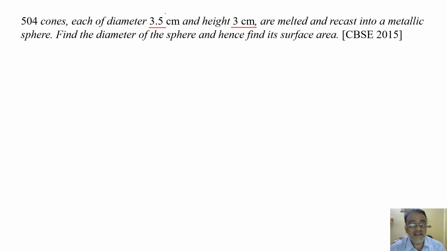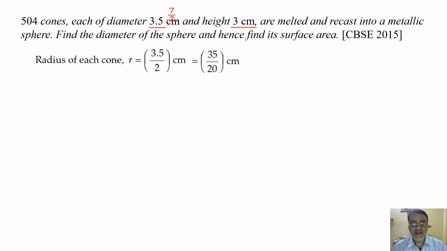Right. Diameter is 3.5, so we can write 3.5 as 7/2. So what will be the radius? 7/4. Okay, we can write it directly. Right. Height of each cone is given, 3 centimeter.